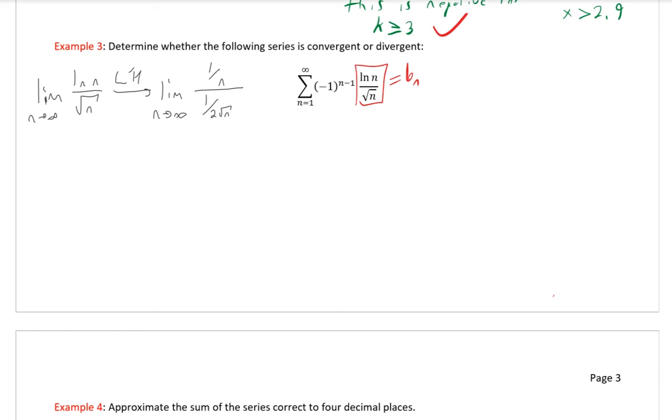That simplifies to give us the limit as n approaches infinity of 2 root n over n, or the limit as n approaches infinity of 2 divided by root n. Two divided by root n is 2 over infinity as n approaches infinity. So this is 0. And that's all we need for the first part.